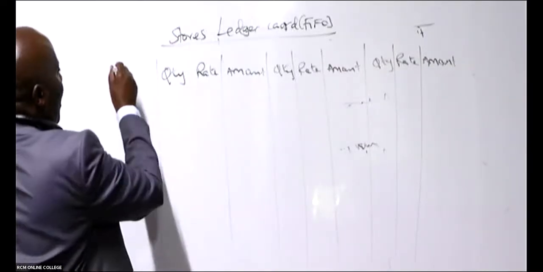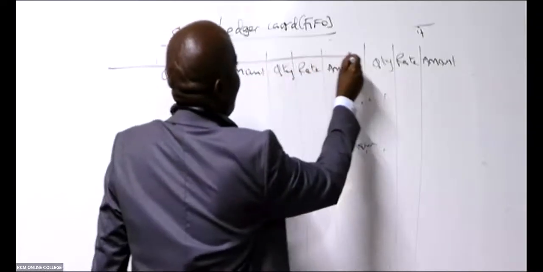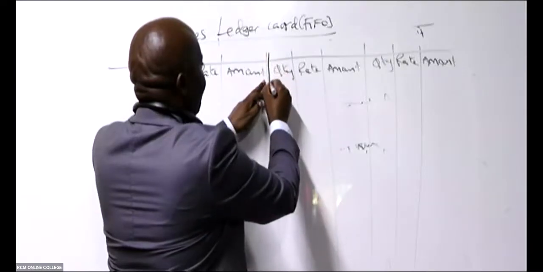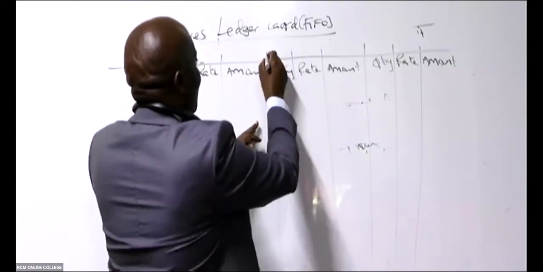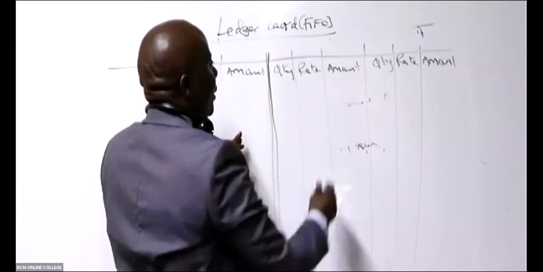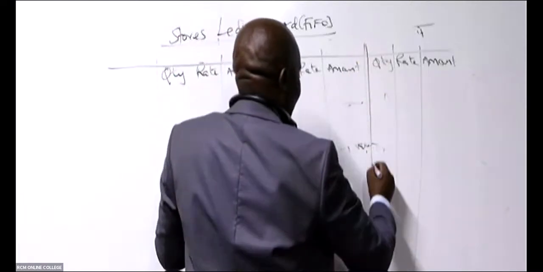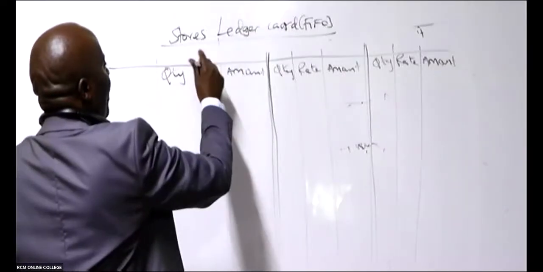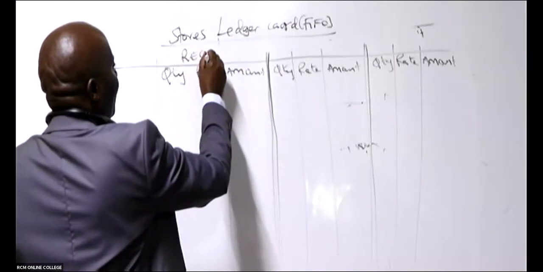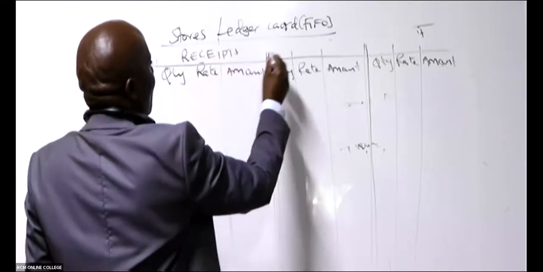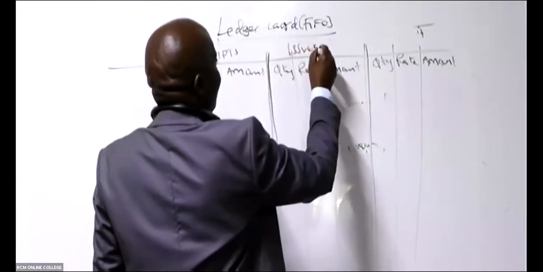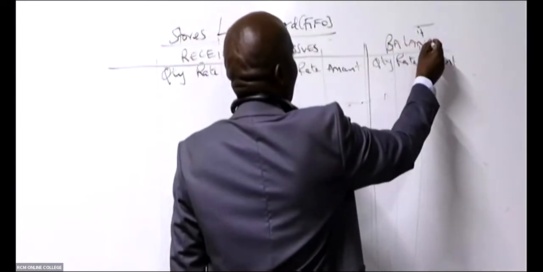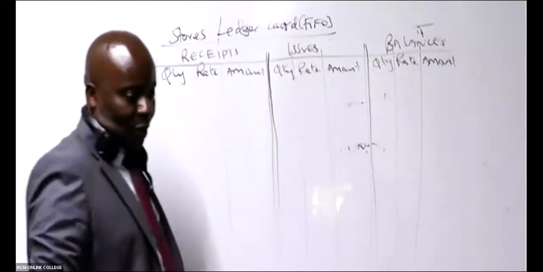You come up here. At the end of the amount, you shall always have double lines. The first one here is receipts, then we shall have issues, then balances.